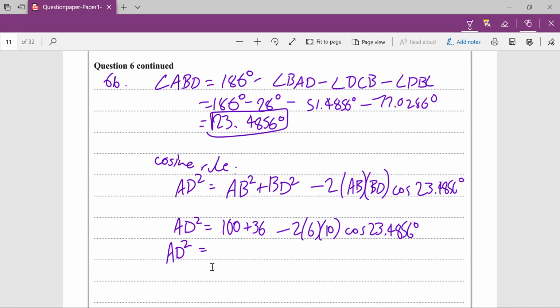So it's 100 plus 36 on the calculator minus 2 times 6 times 10, so minus 120 times the cosine of 23.4856 degrees, which brings us to 25.9407 as the square of AD.